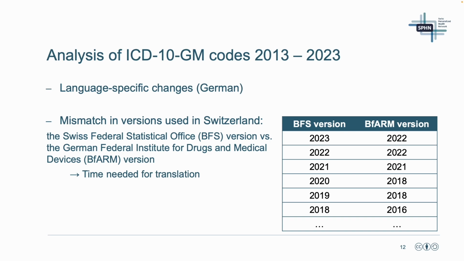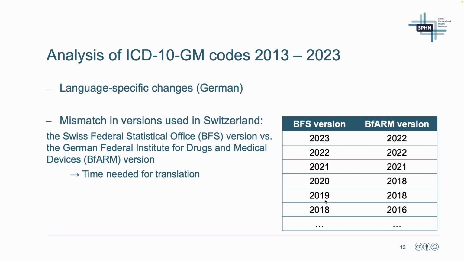The mismatch observed between versions where no changes appeared is actually due to the fact that the BFS, the Swiss Federal Statistical Office, is using previous versions of the ICD-10 GM because they need some time for the translation. If you remember, the BFS is generating the translation in French and Italian of the German version of the BfArM.